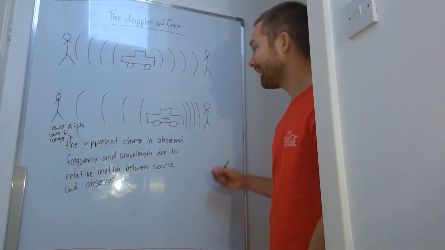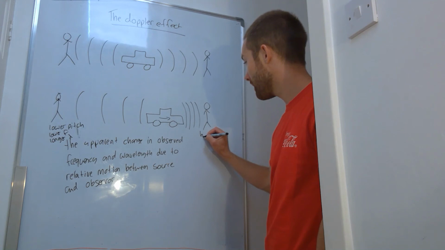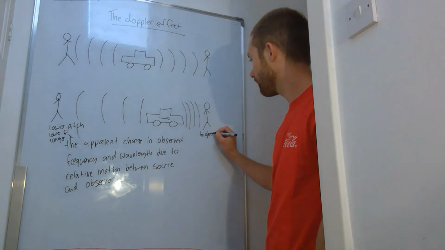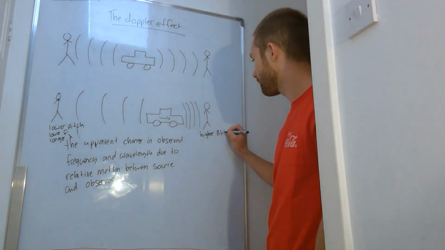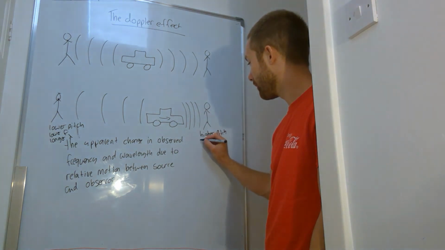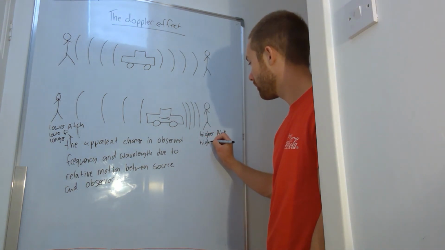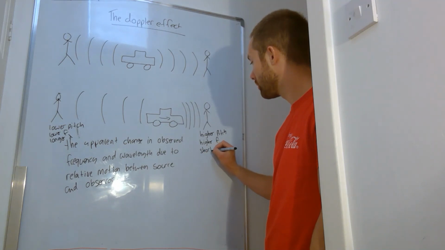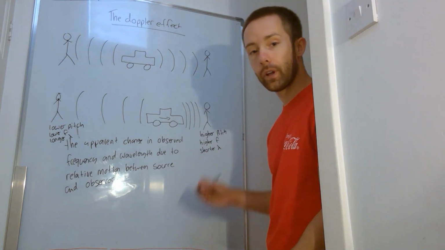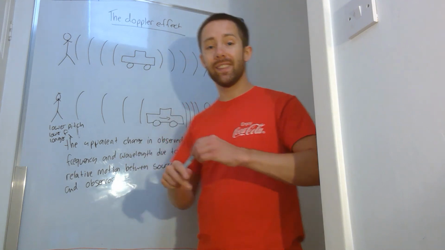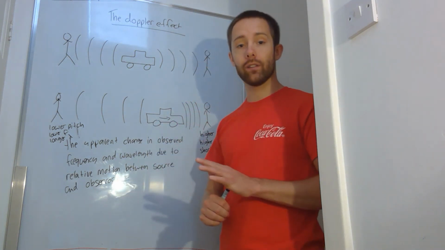Whereas this person is going to experience a higher pitch sound, okay, because they've got a higher frequency and a shorter wavelength, okay? And this is basically the Doppler effect, okay?